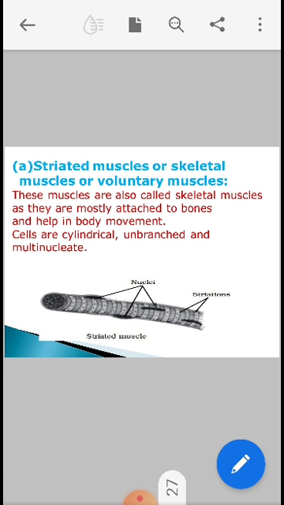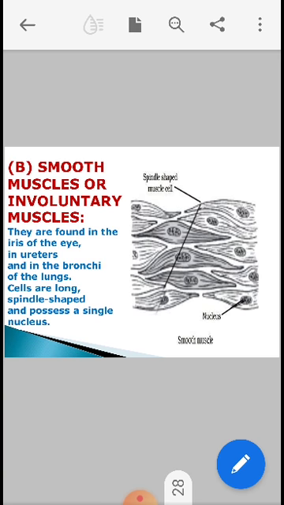They cannot be broken into branches. So you can see the straight shape of the muscles, and you can see that they are multinucleate. Multinucleate means, multi means many, so they have many nuclei, and thus they are termed as multinucleated cells or multinucleated muscles.